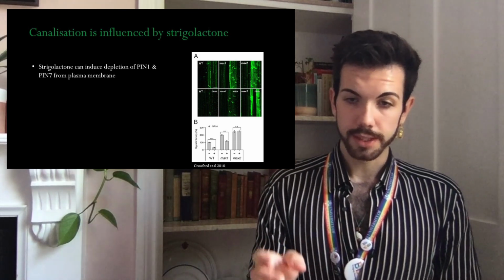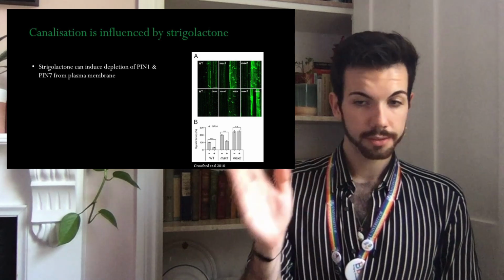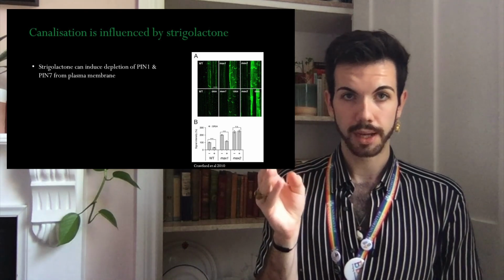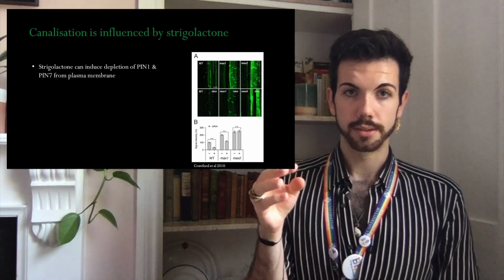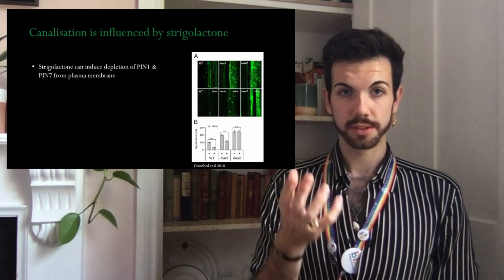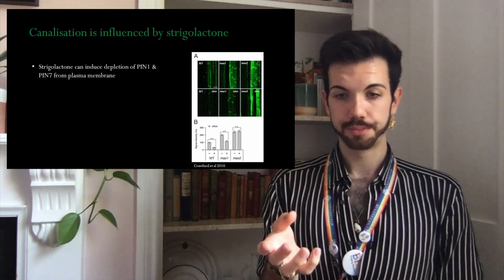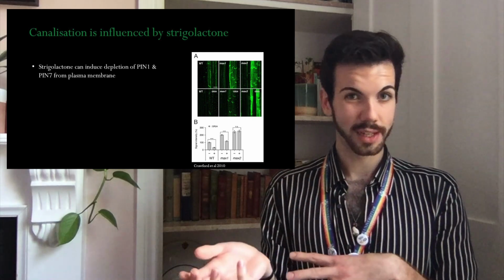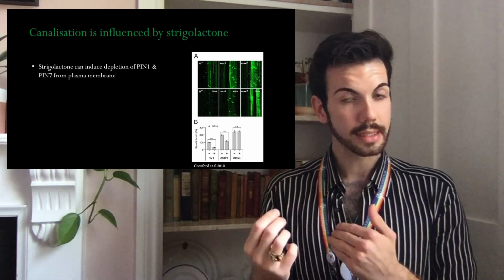You can also see on the far right of that panel a mutant background called MAX2, which is a mutant which is unable to synthesize its own strigolactone. So we'd expect to still see a response there because we're adding our own strigolactone, so it should have the same effect.